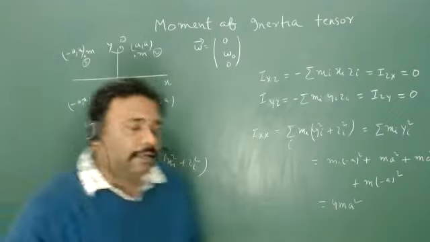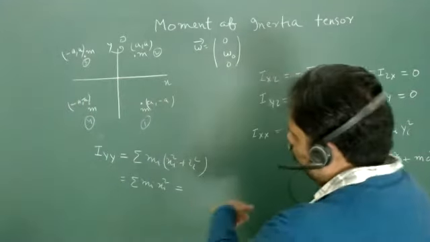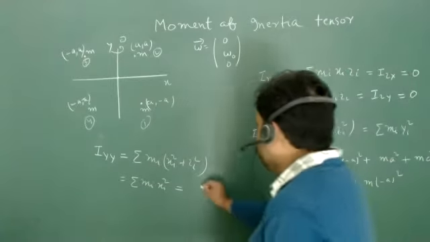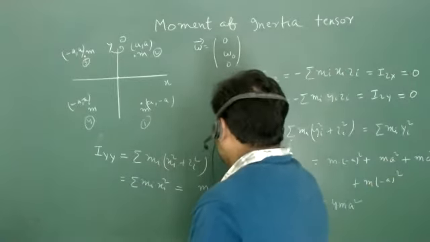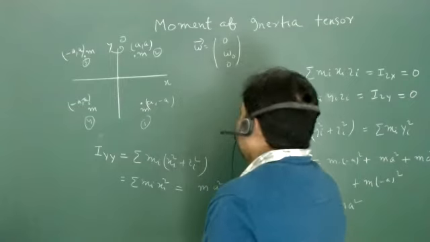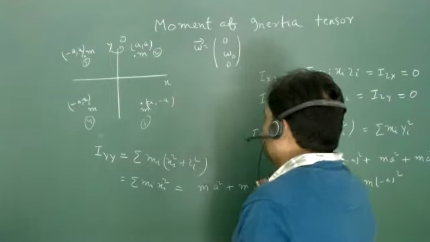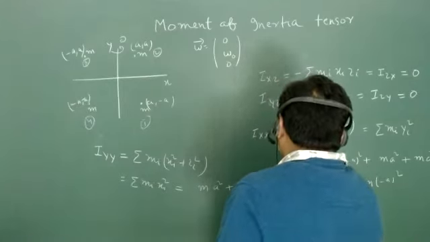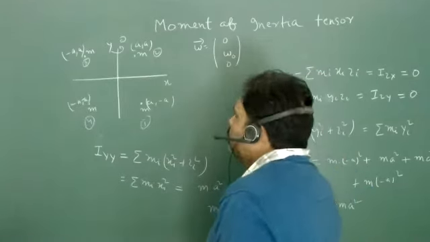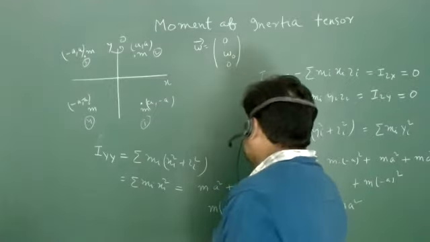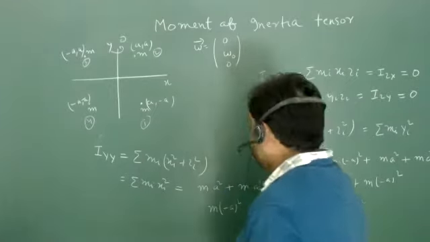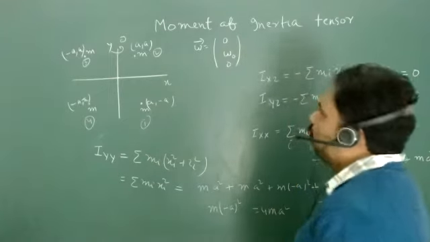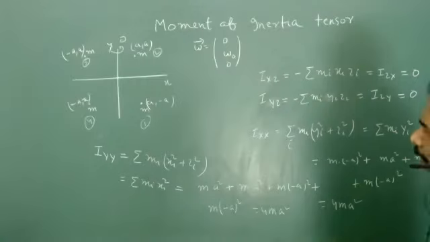This is again m into a square plus m into a square plus m into minus a square plus m into minus a square. So again, this is 4 ma square. Great. So this is your 4 ma square.